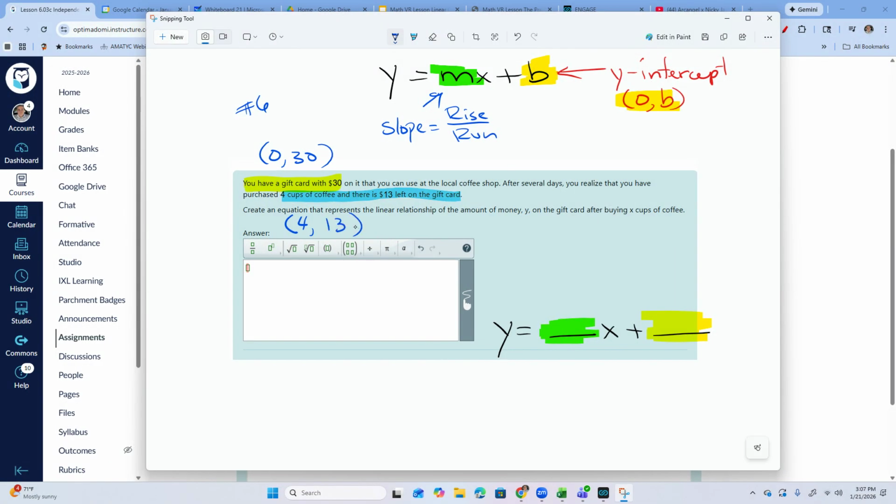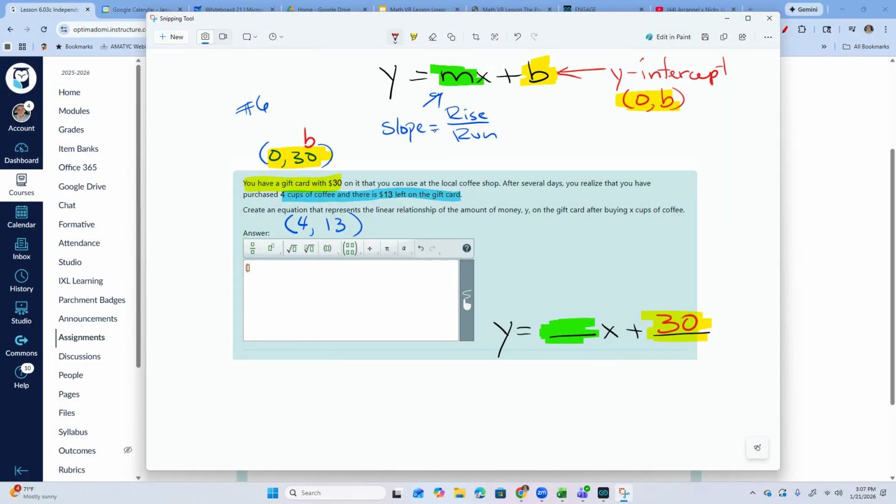Okay? So let's find the b. The b is the y-intercept. The y-intercept is the point on the y-axis, and the point on the y-axis looks like 0, comma a number. And that means that your b here is going to be 30, so 30 goes here. Now we're going to find the slope.